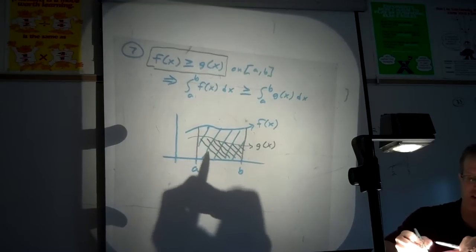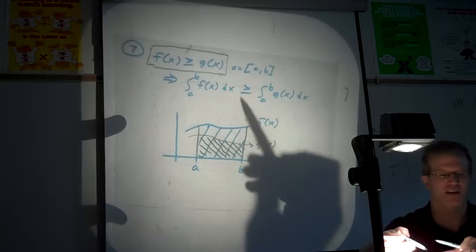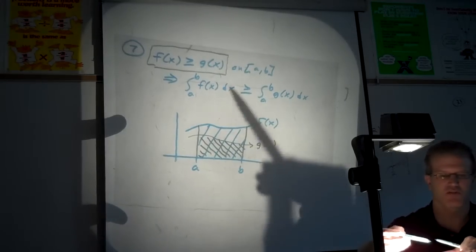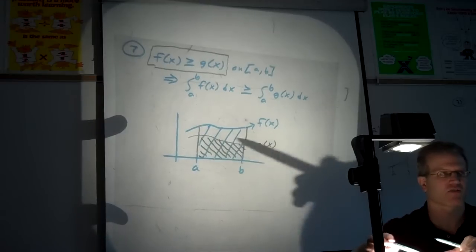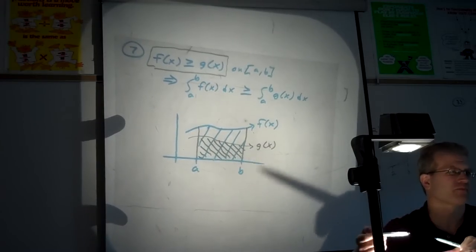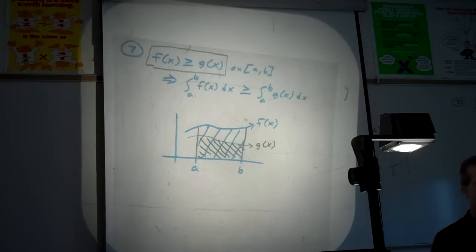Which is kind of obvious, isn't it, that the blue area is going to be greater than the black area? So really, they're stating something that's obvious when you draw a picture: if the f of x curve is above the g of x curve, then there's going to be more area under the f of x curve than under the g of x curve. That's all that's really saying. Any questions about that?